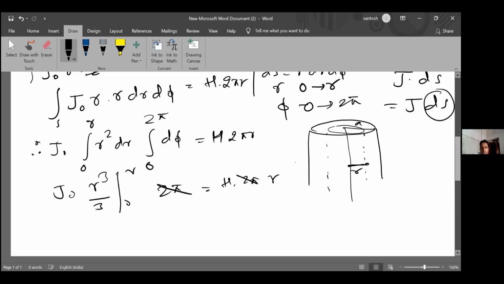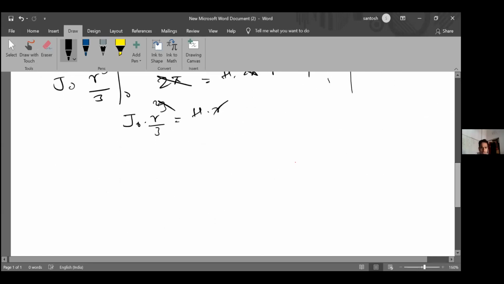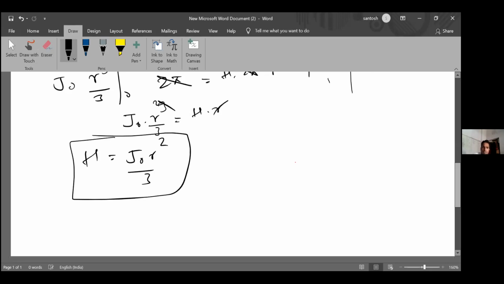So 2 pi is gone. We get j naught into r cubed by 3 equal to h into r, so this r is also gone. So h is j naught r square by 3. This is the h we get.